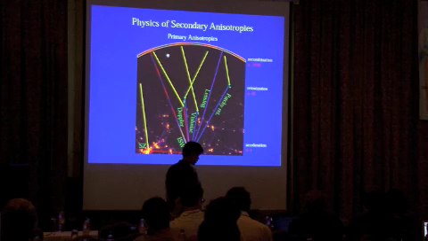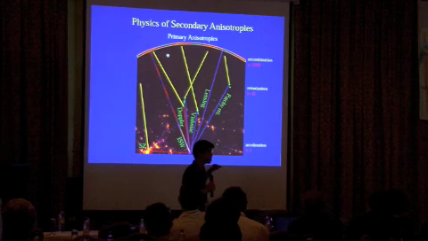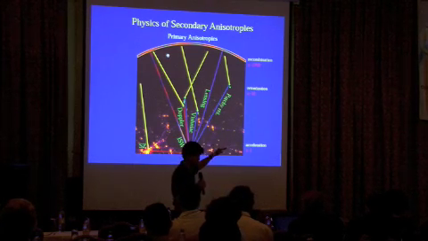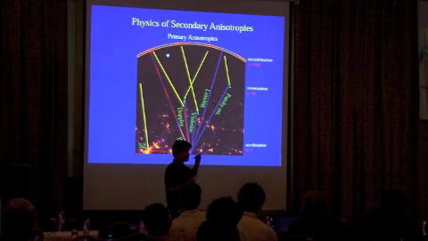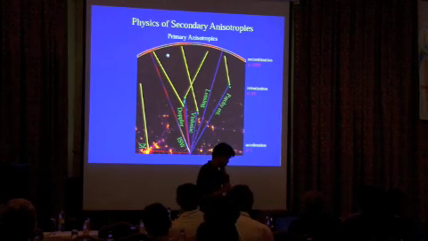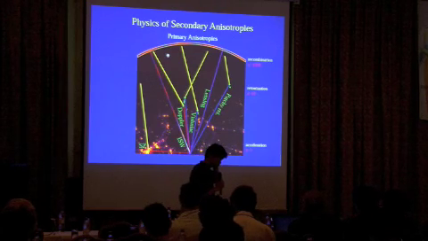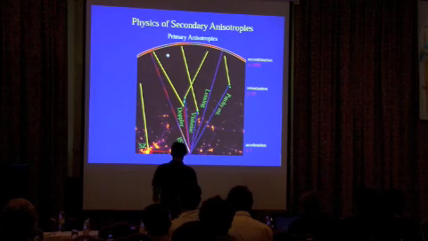Like suppose you wanted to measure the growth rate of structure for dark energy. You would want to know what the initial amplitude of perturbations are to make a normalization of that. And as we'll see, that measurement is limited by how well we understand reionization. So even if you weren't an astrophysicist interested in early stars, you might be interested in it for other reasons. And I'll go through those.